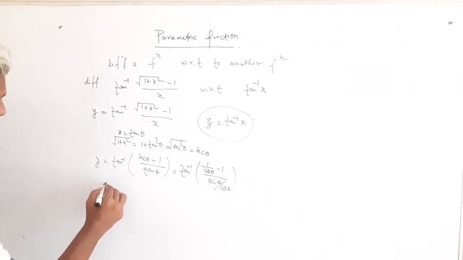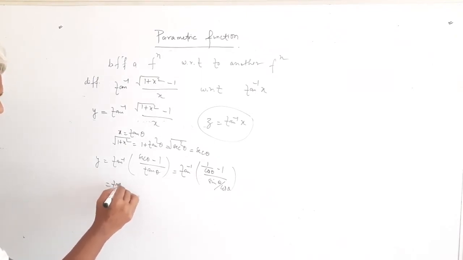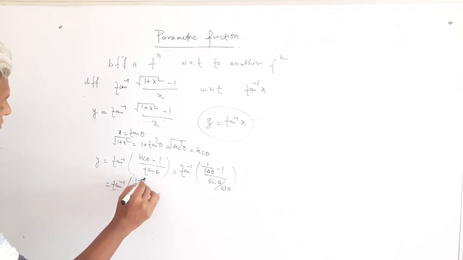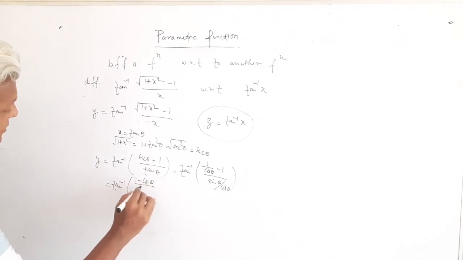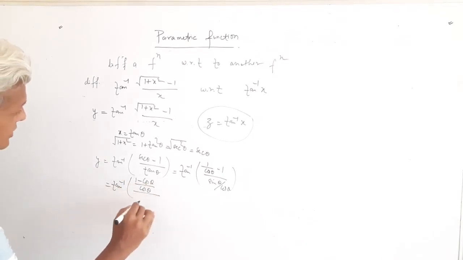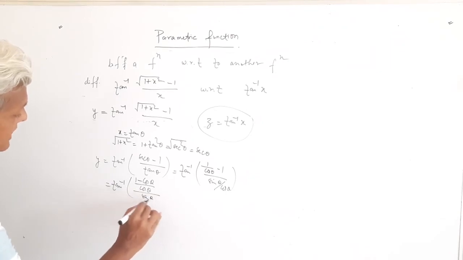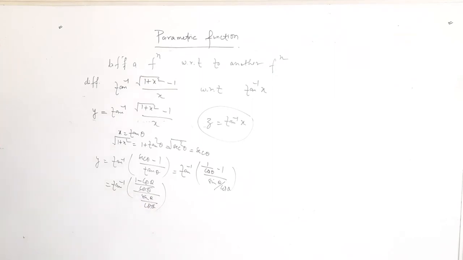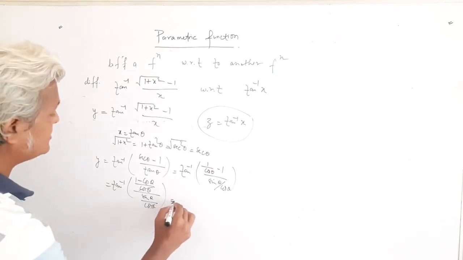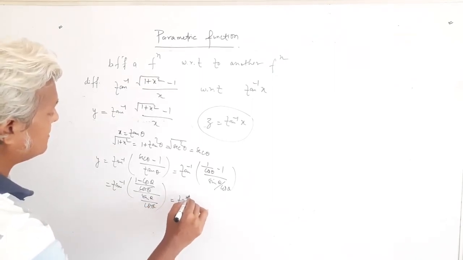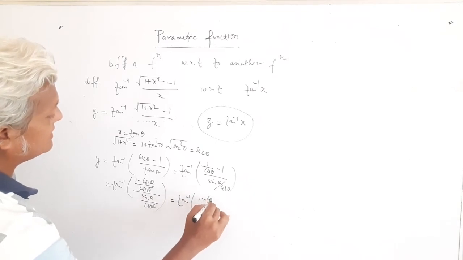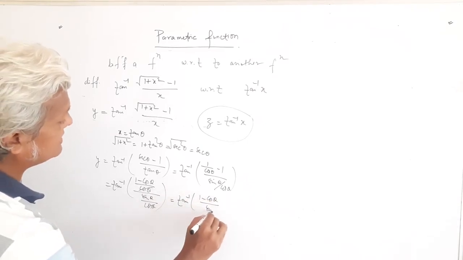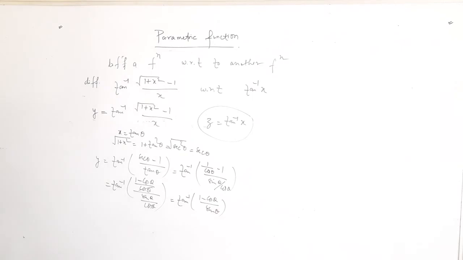Now this further goes like tan inverse of 1 minus cos theta upon cos theta, whole divided by sin theta upon cos theta. Cos theta cancels, and this is tan inverse of 1 minus cos theta over sin theta. Are we done? No, not yet.